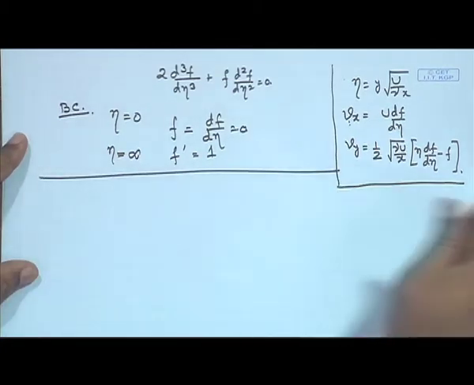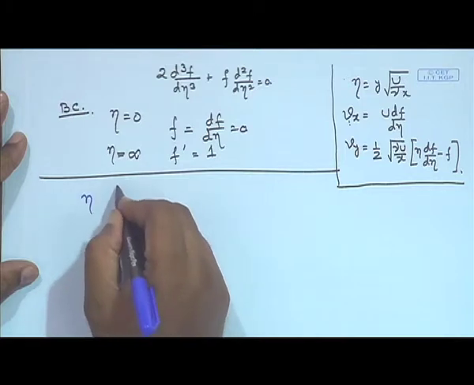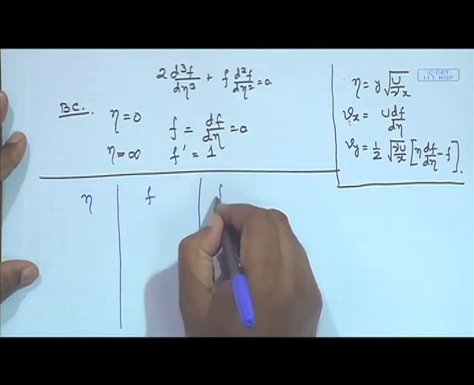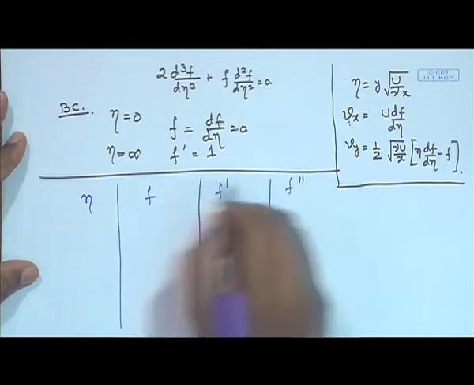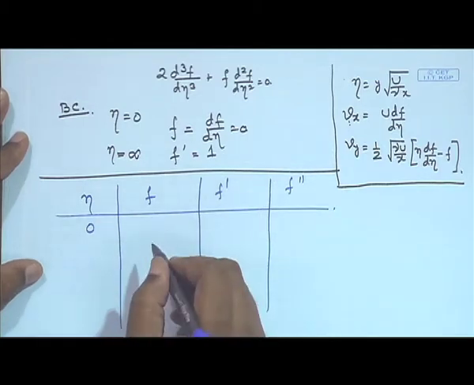Now the table that he has provided is eta, then f, f prime and f double prime. I'll only list some of the values in here.